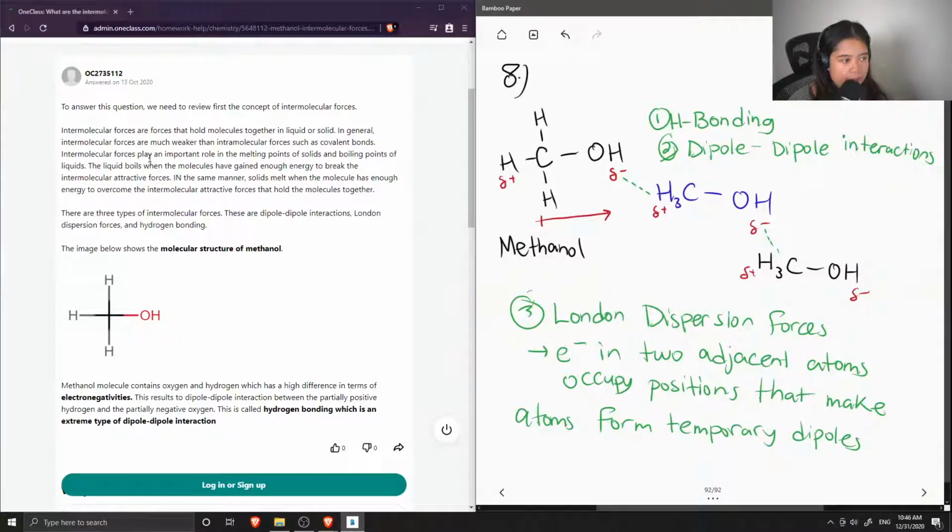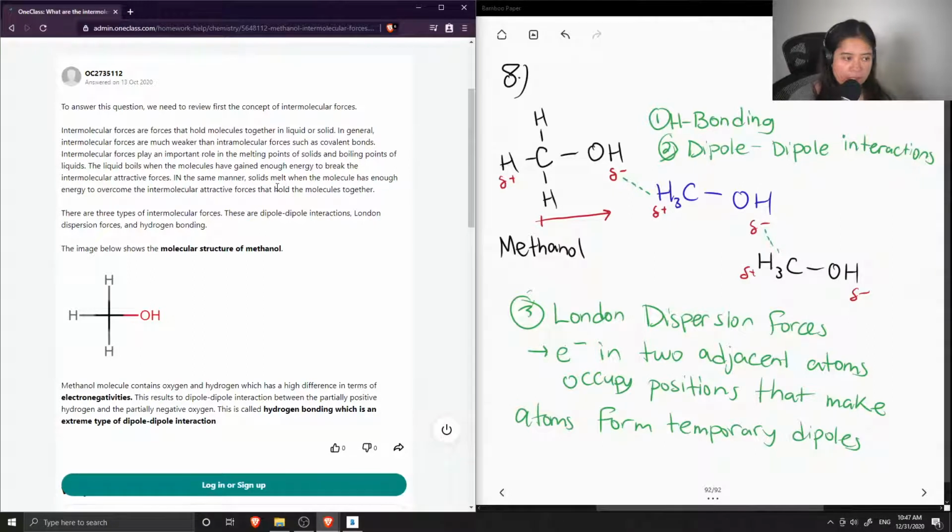Intermolecular forces play an important role in the melting points of solids and the boiling points of liquids. The liquid boils when the molecules have gained enough energy to break the intermolecular attractive forces. In the same manner, solids melt when the molecules have enough energy to overcome the intermolecular attractive forces that hold the molecules together.